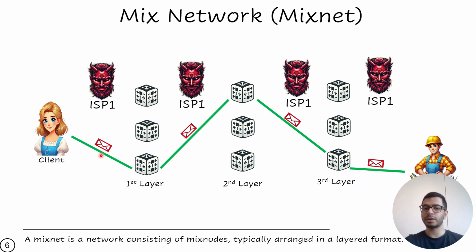In a mixed network, the client similarly will select one node from each layer to make a communication path for a specific packet to the destination. In a mixed network now, the internet service provider can observe or corrupt all parts of the internet, and still he cannot figure out who communicates with whom.